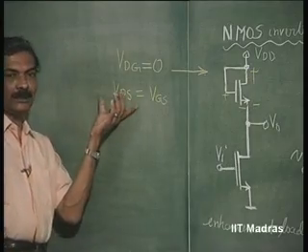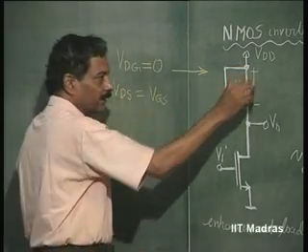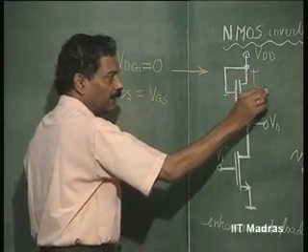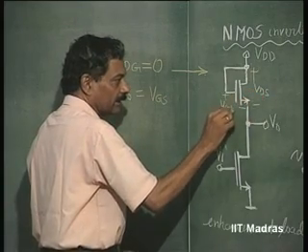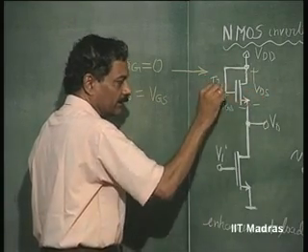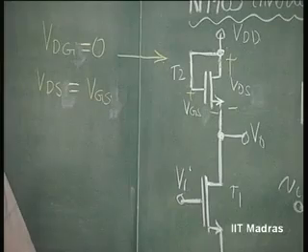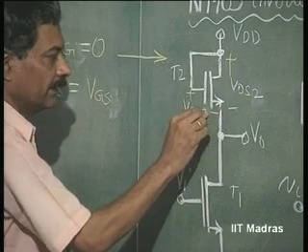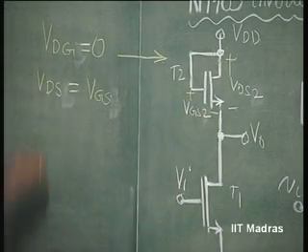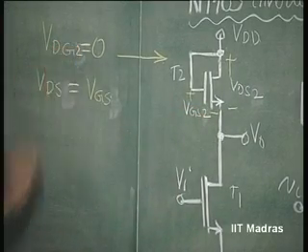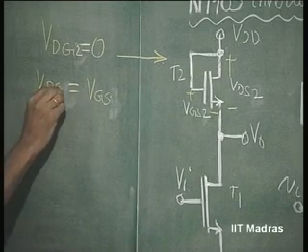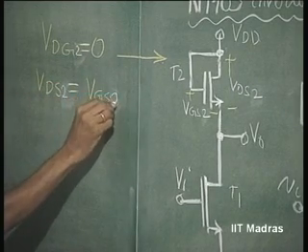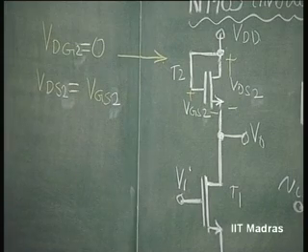So, this is an important situation here. VDS is always equal to VGS, right. We will call this T2, this as T1. Now, this is VDS2, this is VGS2, and VDG2 equal to 0. Therefore, VDS2 has been made equal to VGS2 in this case.